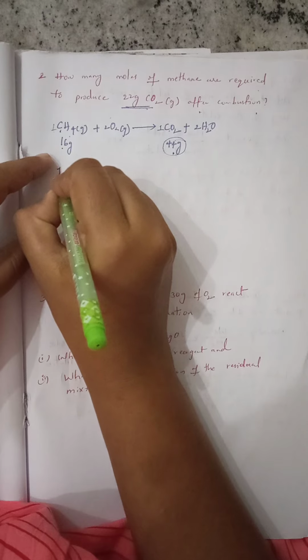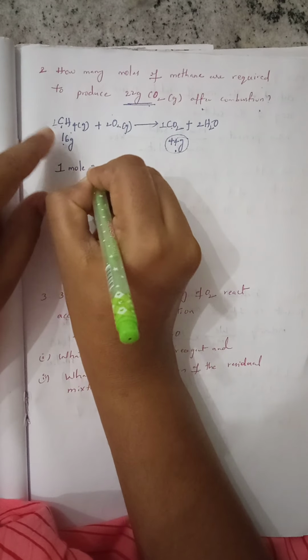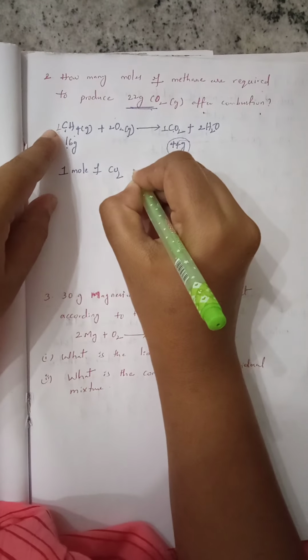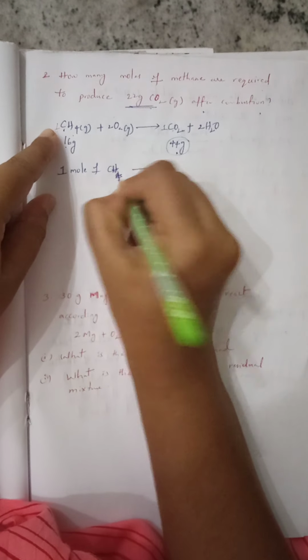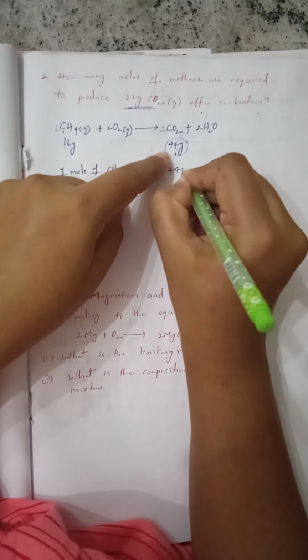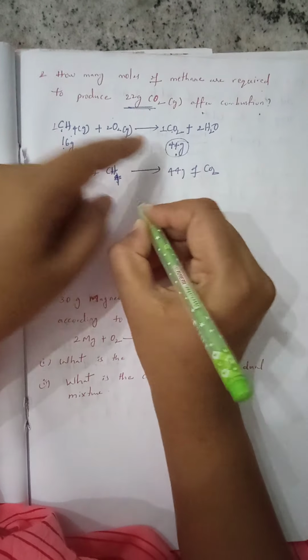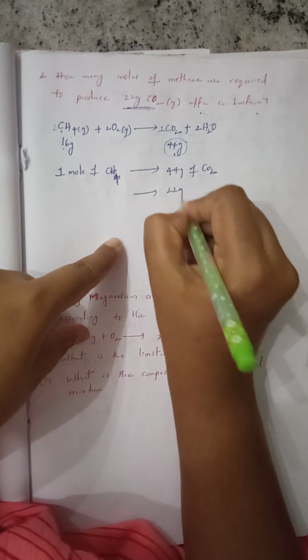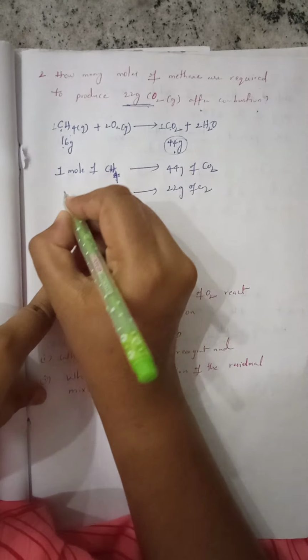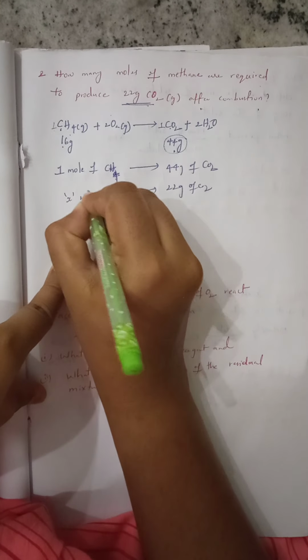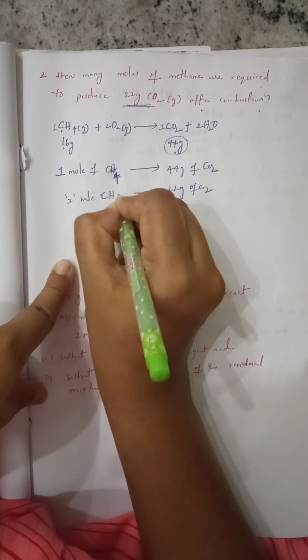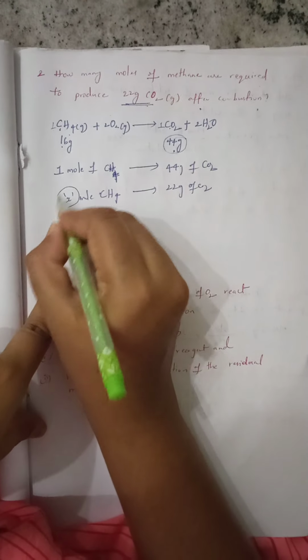I am writing here that 1 mole of CH4 can produce 44 grams of CO2. Then to produce 22 grams of CO2, how many moles of CH4 are required? That is X moles of CH4. We want to find out X.